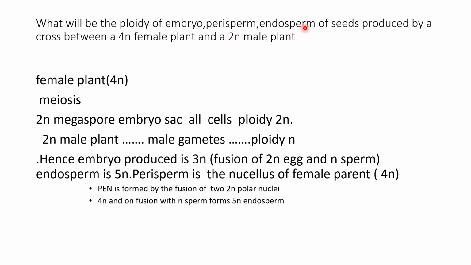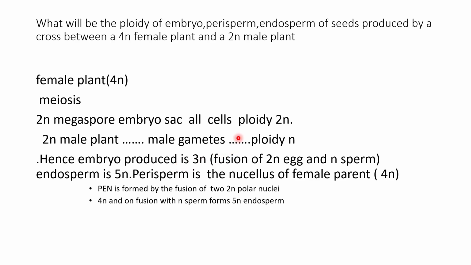Coming to endosperm, we know a tetraploid female is fused with a diploid male. The embryo is already 3N.